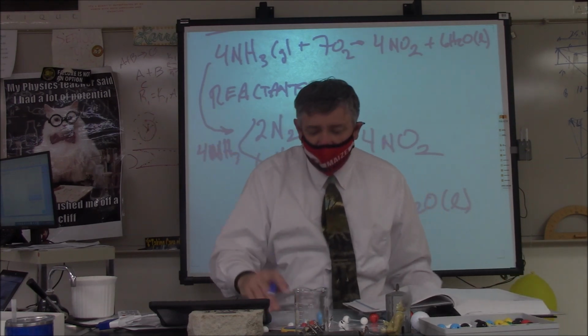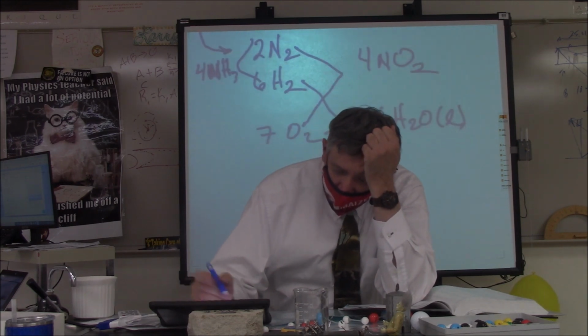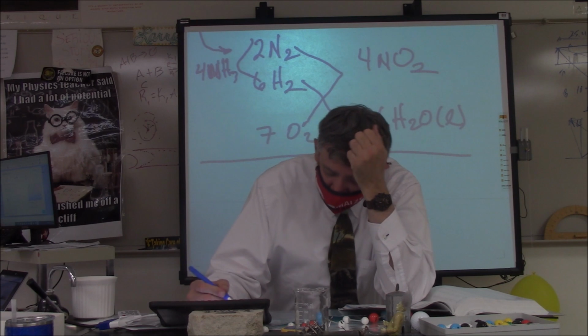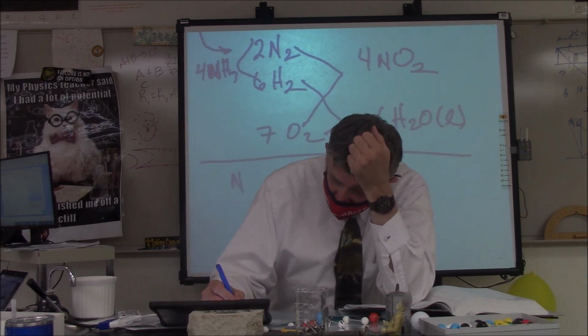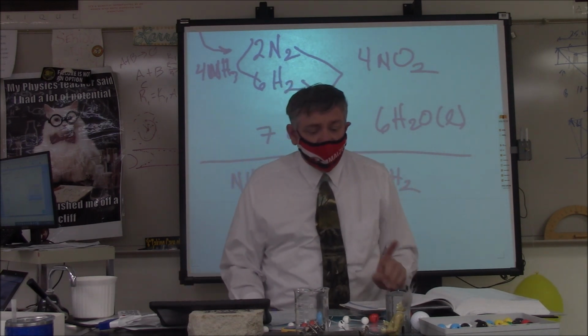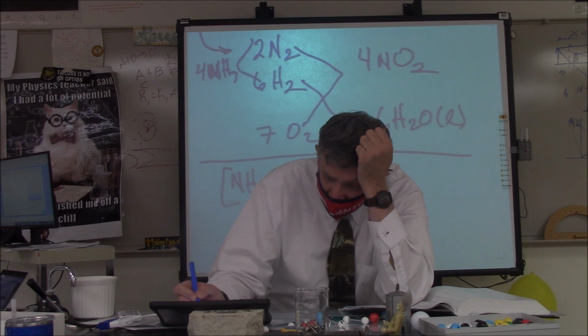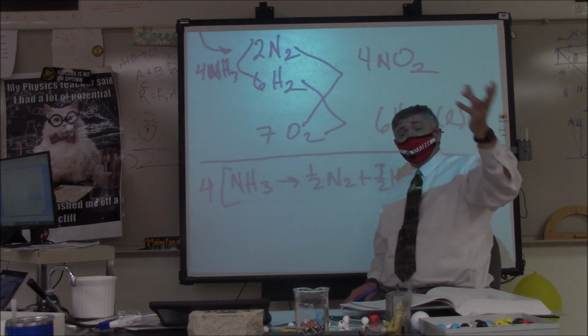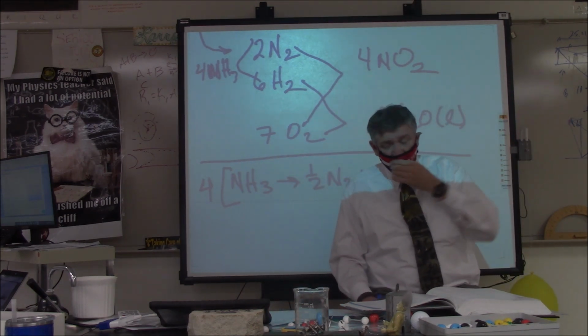Okay, now, so here's what we're going to do. And like I said, don't flip out and go, God, do we have to do this? No, you don't. So here's what happened. The NH3 is going to decompose into N2 plus, okay? But that's going to happen 4 times, okay? So what would happen if you do like the reverse of the enthalpy of formation?